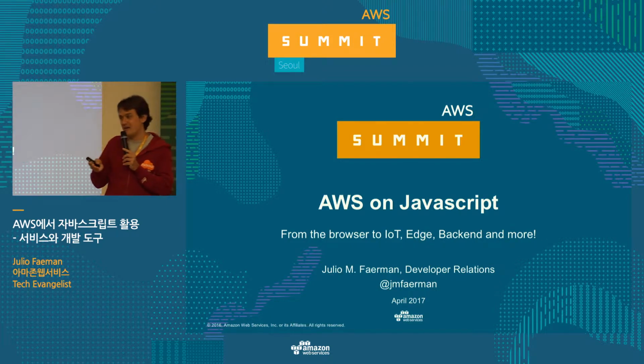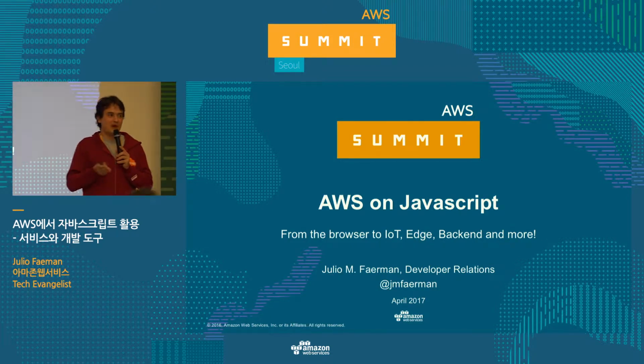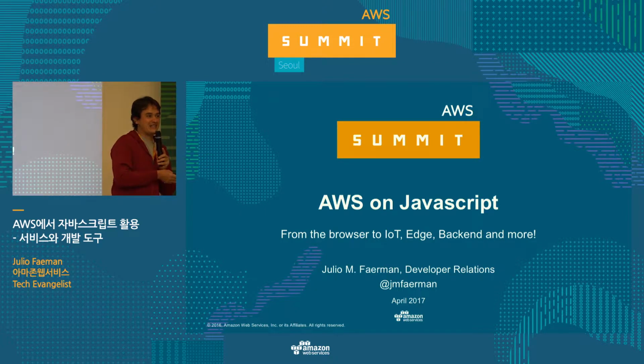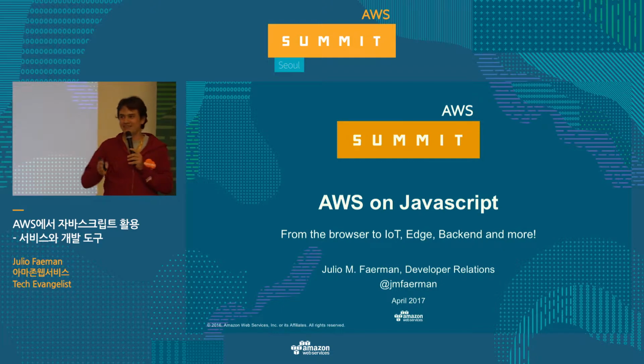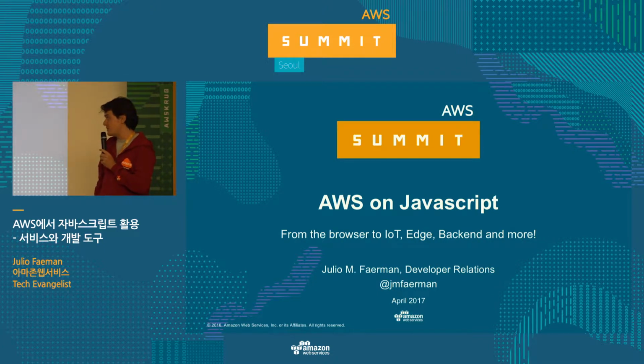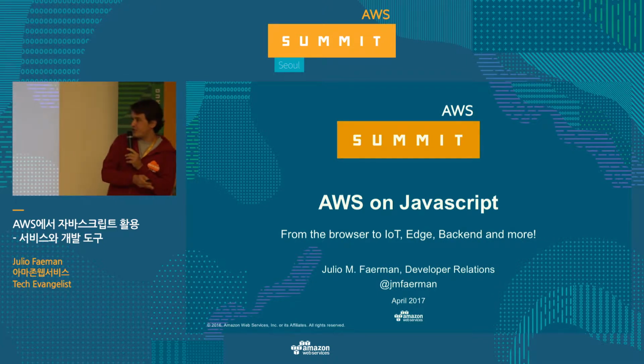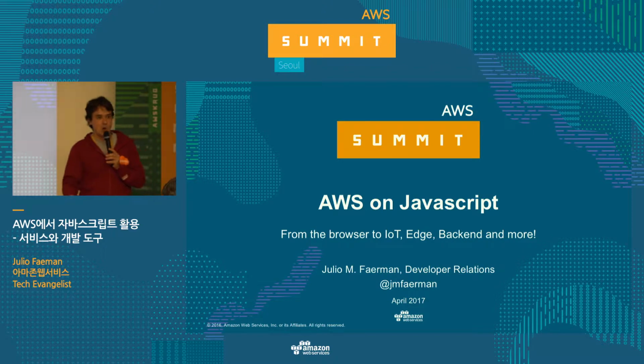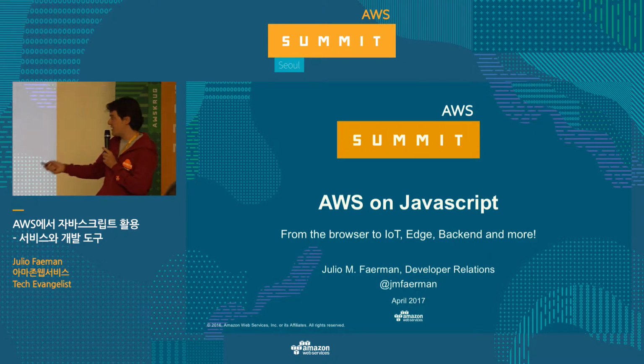But it was developed initially in 10 days, so it has its quirks. But like it or not, it's there, and we all pretty much have to learn it. And we have a lot of that on AWS. So I'm here today to show you how much you can accomplish with JavaScript on AWS and how to do it. So let's just go on.